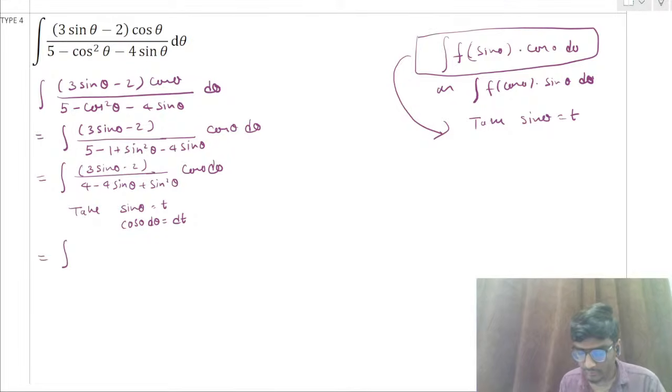Now we replace each term of this integral.